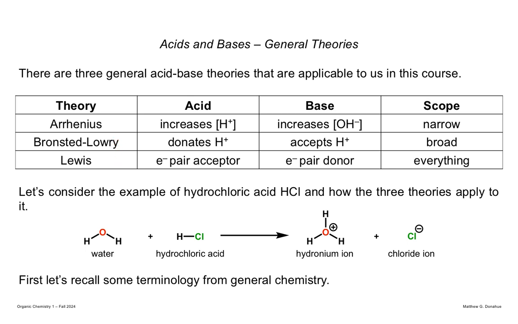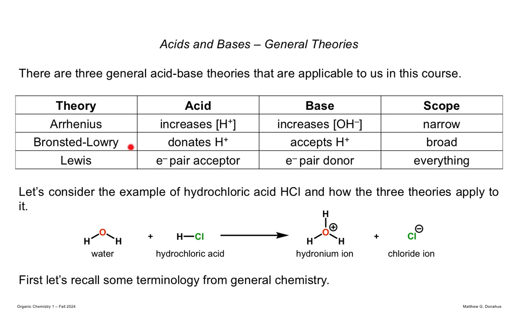And really what they're talking about is sort of the species involved. The Arrhenius theory only deals with proton and hydroxide. The scope of that is pretty narrow when you think of all the acids and bases there are. So Arrhenius, it's limited in what sort of chemicals fall under that category.